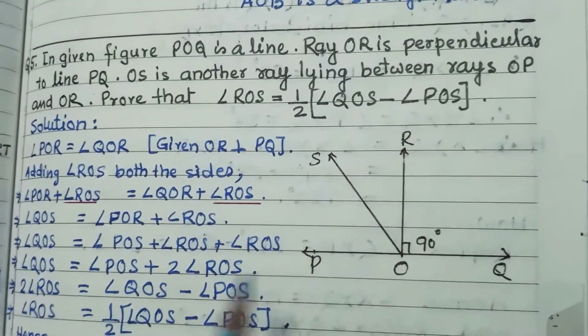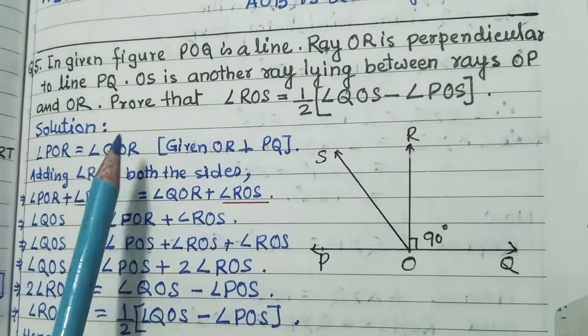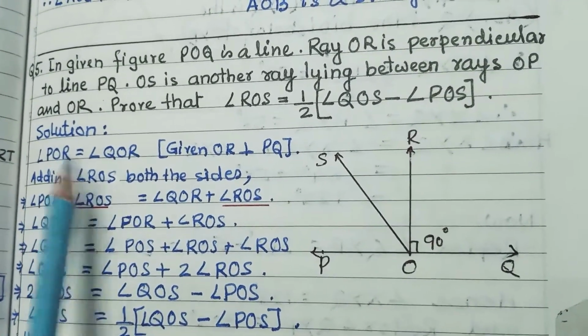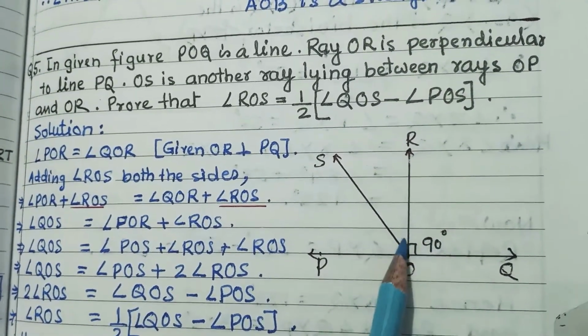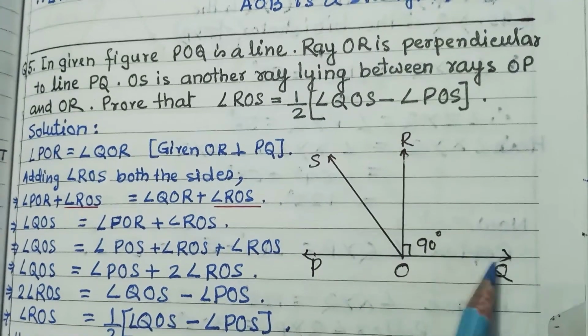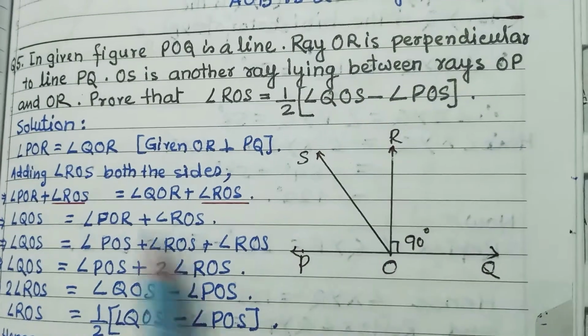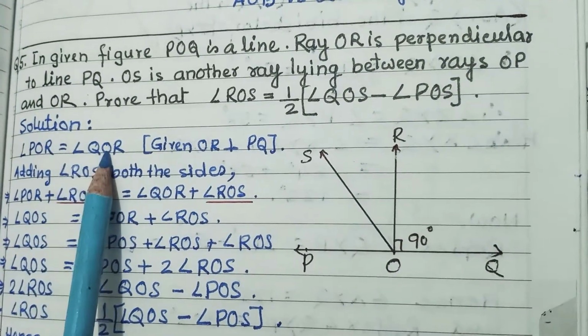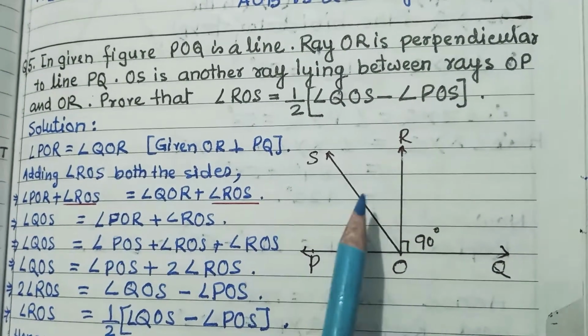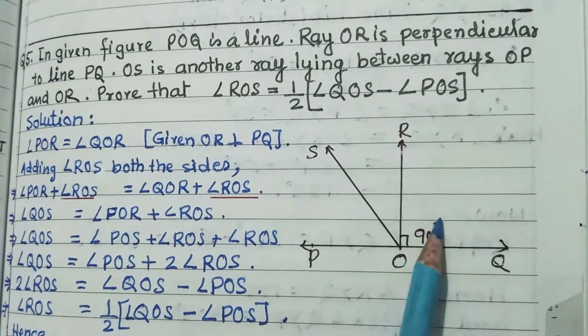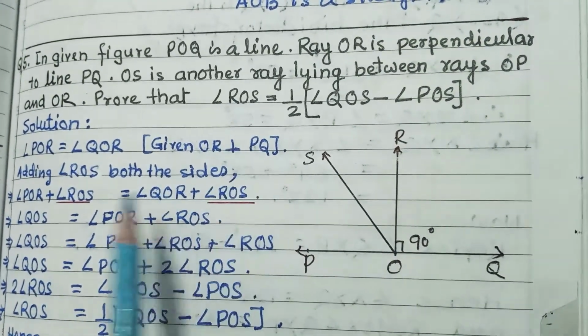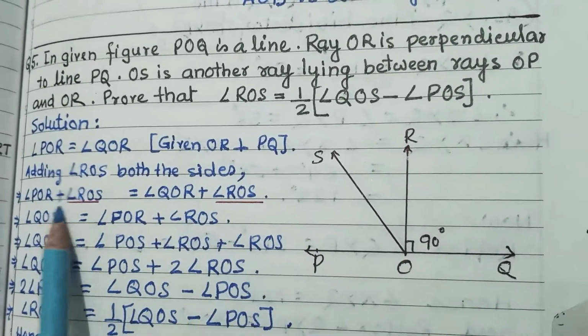Now to prove that, given POR is 90 degrees, obviously this one is 90, so POR is equal to QOR. We can write that POR is equal to QOR. Now ROS we have to find out, so you add ROS to both sides.